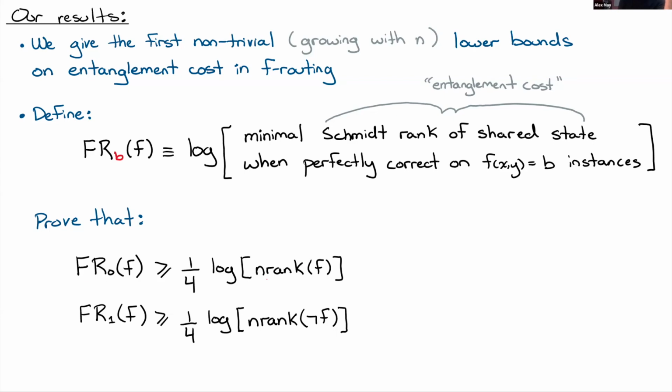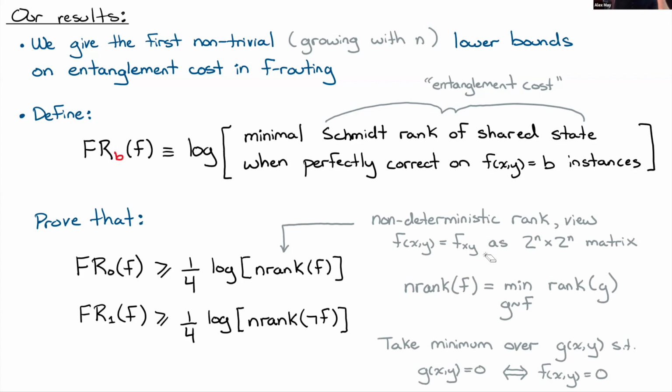these are bounded in terms of something called the non-deterministic rank. Okay. So what is non-deterministic rank? How we define that is we think of this function f. We view it as a 2^n by 2^n matrix. So the rows are labeled by x, say, and the columns are labeled by y. And then we think about the rank, not of f, but of any function that has the same zeros as f.